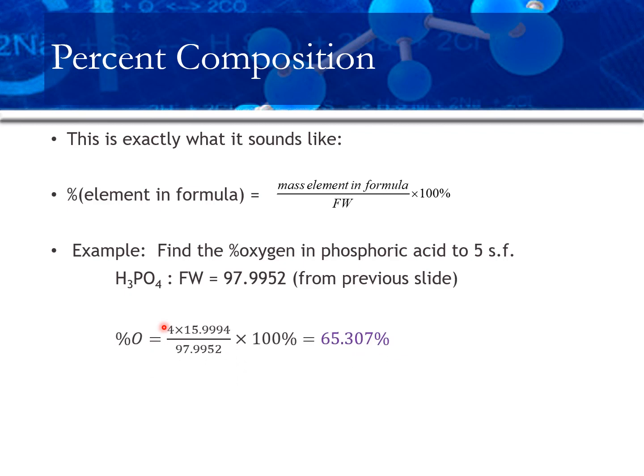And then we'll calculate the percent oxygen by taking the number of oxygens, 4, times the mass of each oxygen. So this total quantity in the numerator gives us the mass of oxygen in the formula, divide by the mass of the total formula, multiply by 100%, round to 5 significant figures, and our answer will be 65.307%.